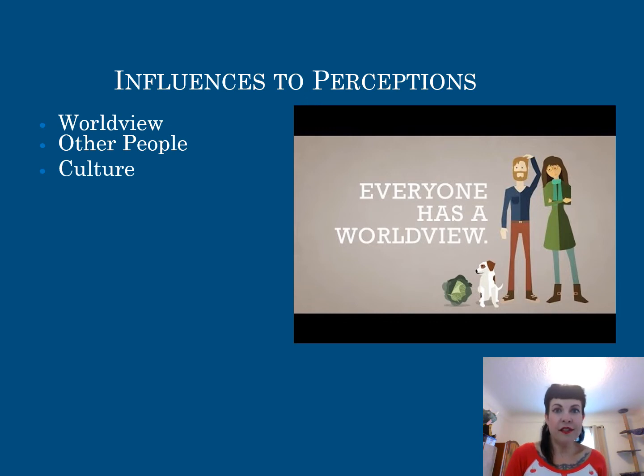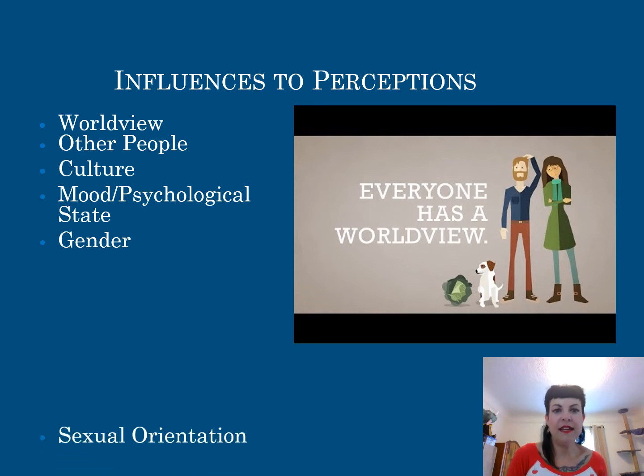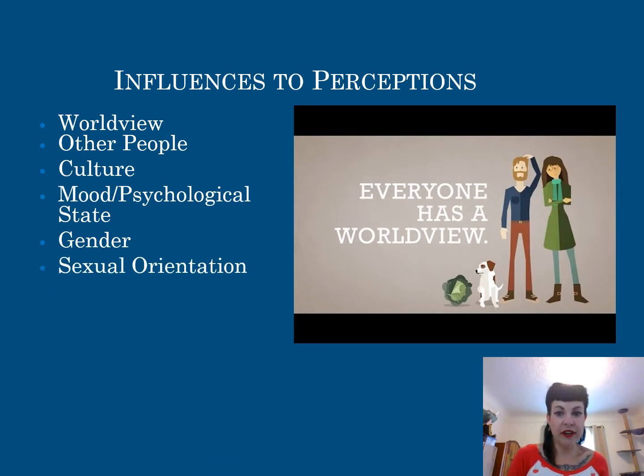Other things that influence our perception would be our general culture, our mood and where we're at in the day, our gender, whether we identify as male or female, masculine or feminine, other things such as our sexual orientation, our race and ethnicity, our occupation, our age. All kinds of things influence our perceptions.